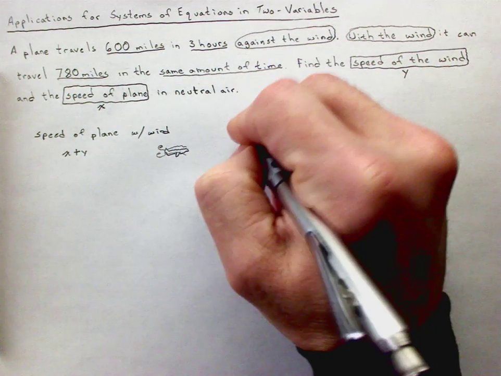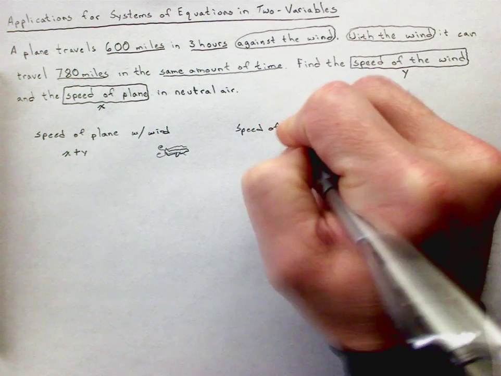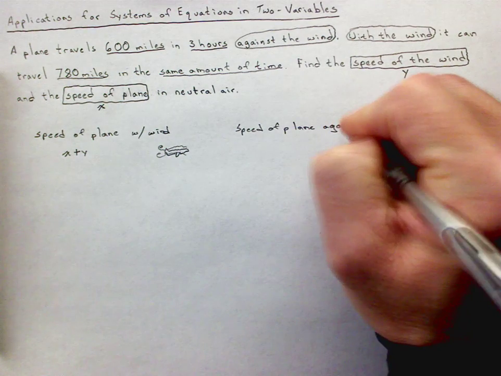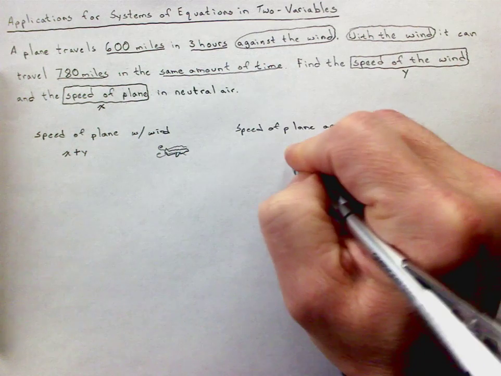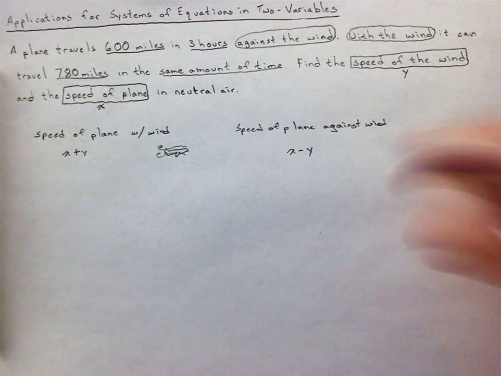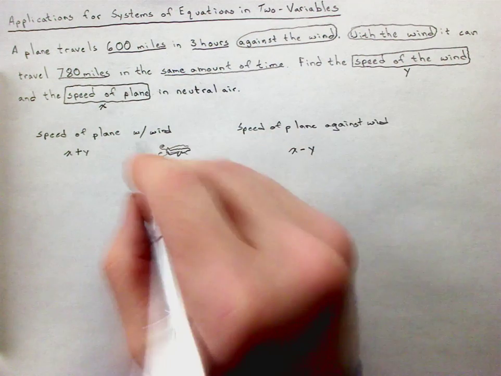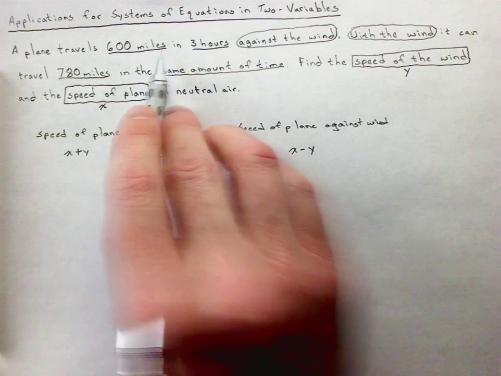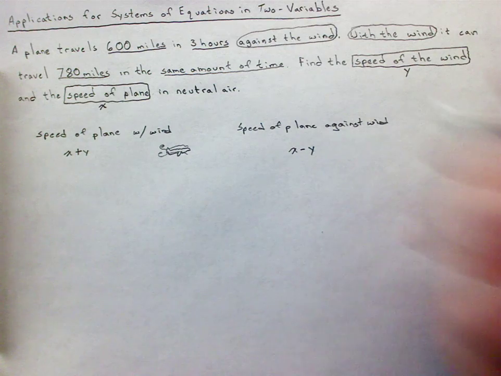And then the speed of the plane against the wind will simply be the speed of the plane minus the wind. The wind's blowing against the plane as it's going. The key thing with this problem is that we're dealing with the rate.